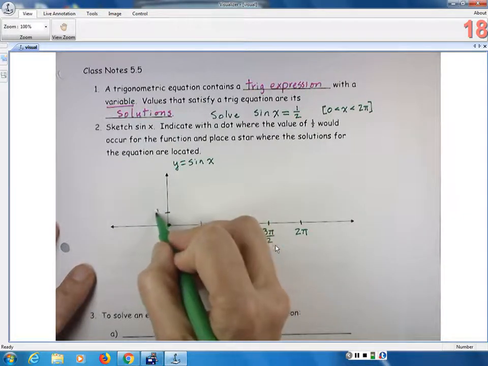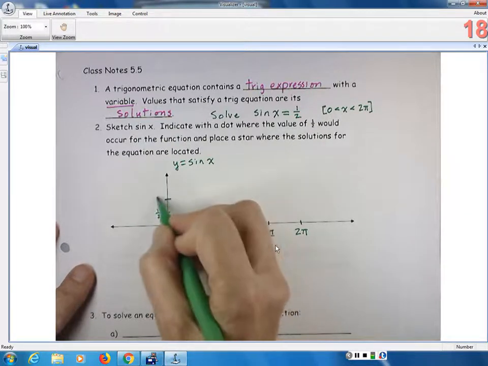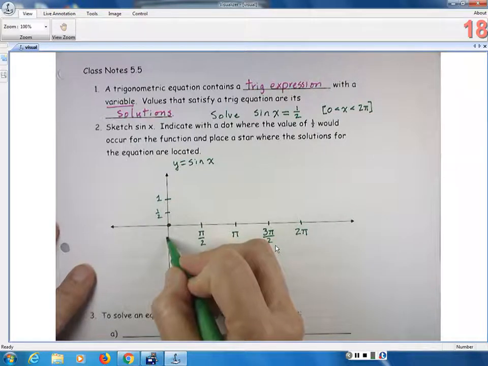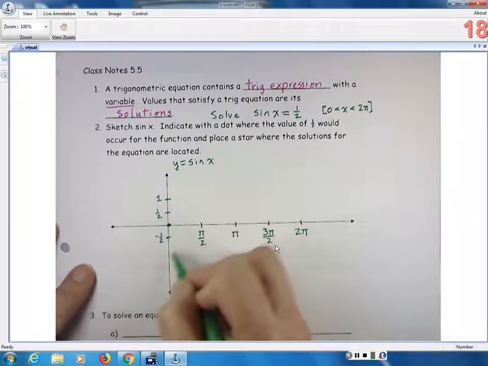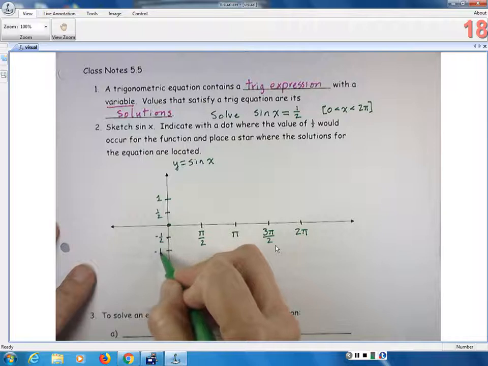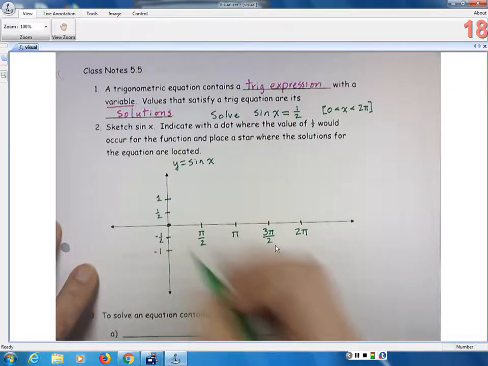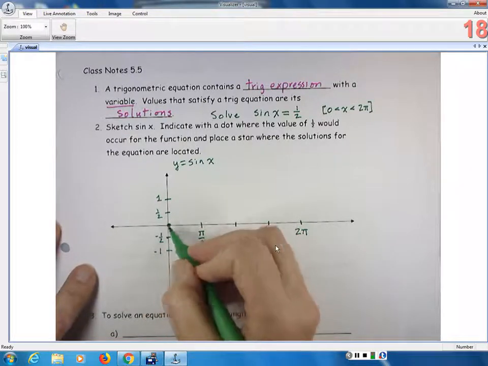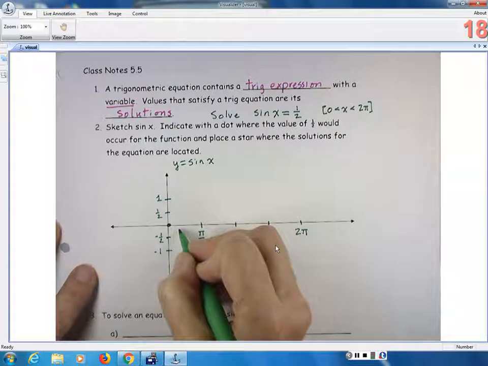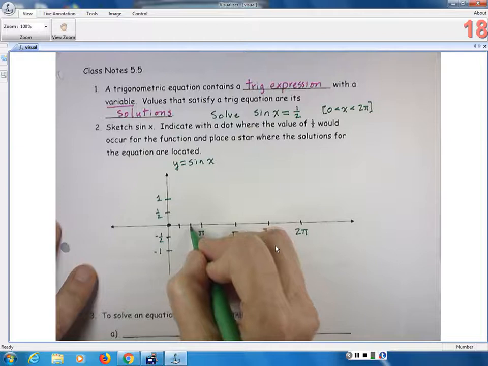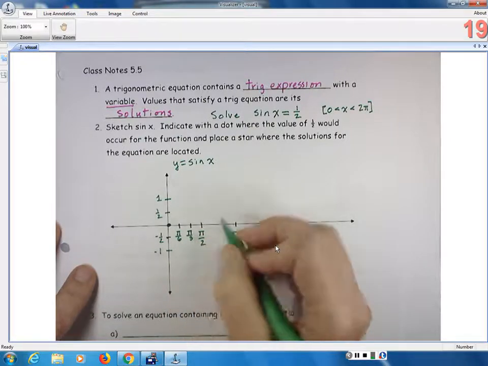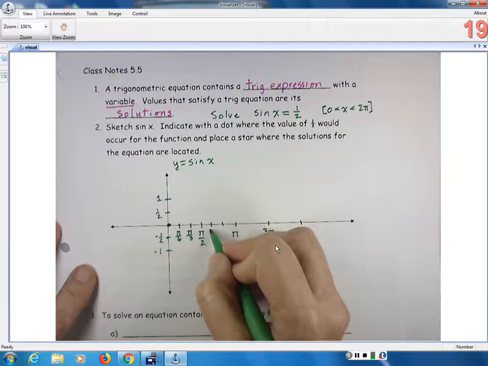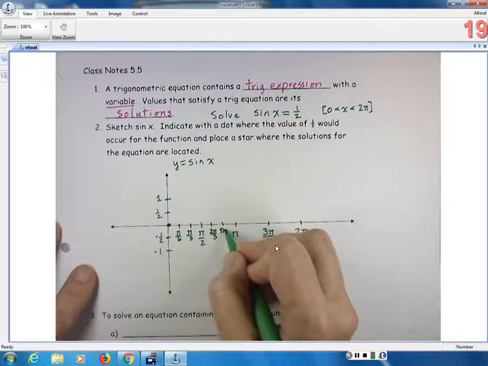And 1/2, and 1, and minus 1/2, and minus 1. So we have pi over 6, pi over 3, 2 pi over 3, and 5 pi over 6.